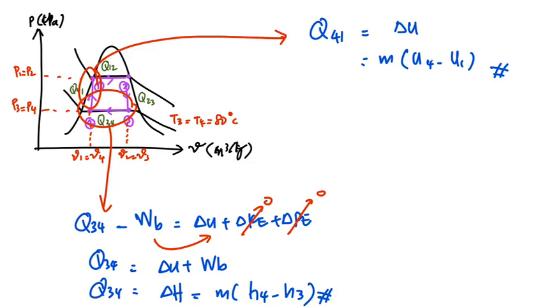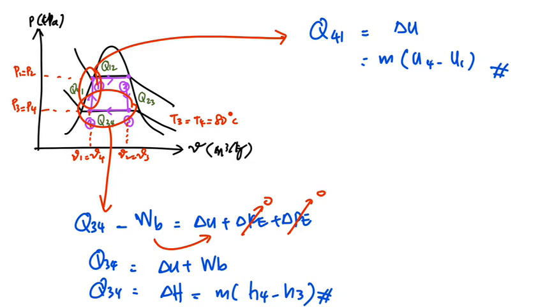So we directly derive the energy balance for this process: Q34 minus W equal to delta U plus delta KE plus delta PE. And as we know, delta U plus WB will be delta H, and expanding this formula, Q34 equals M multiplied by H4 minus H3.